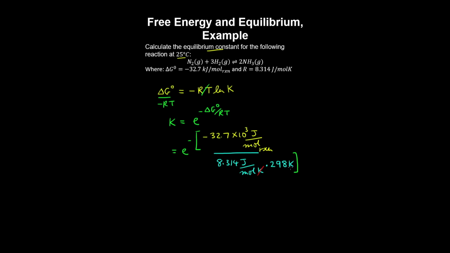So the Kelvins cancel, and we can convert this as 1 mole of reaction per mole of nitrogen gas, as the universal gas constant is applicable to any gas. So this mole of gas, which we can write as moles of nitrogen, cancels with this one, and then these units cancel and joules cancel. So calculating this out, we obtain the following equilibrium constant.